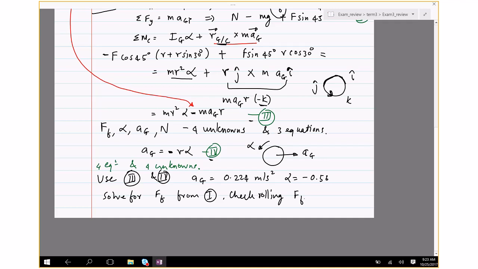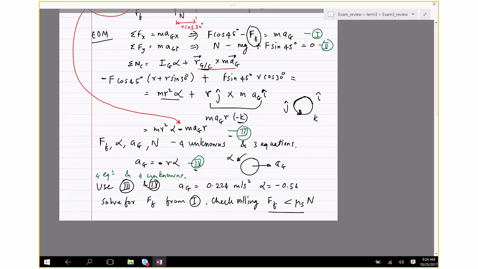FF, what's the condition on the friction force if the ring is rolling? Less than mu static times n. Now in this case you are not given mu static. Of course you need to be given that in order to check this condition. How would you get n?